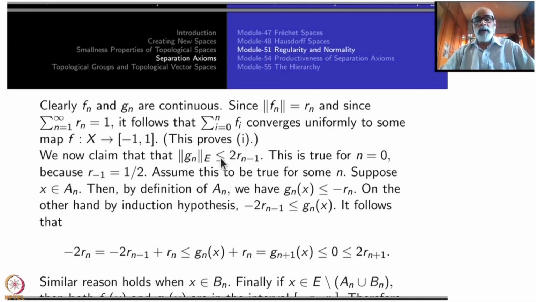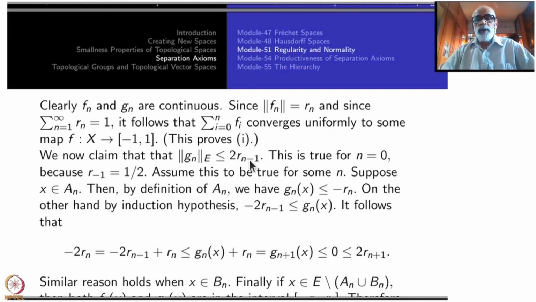We now claim the second part, namely the norm of Gn on E, that is the supremum of all modulus Gn(x), where x ranges over E. That is the definition. We want to say that this is less than or equal to twice Rn minus 1. Again, the proof will be by induction.